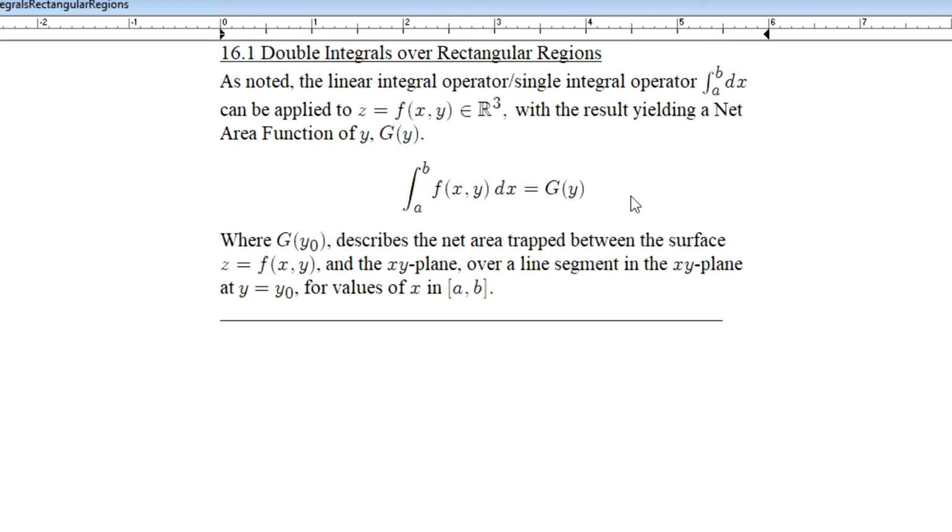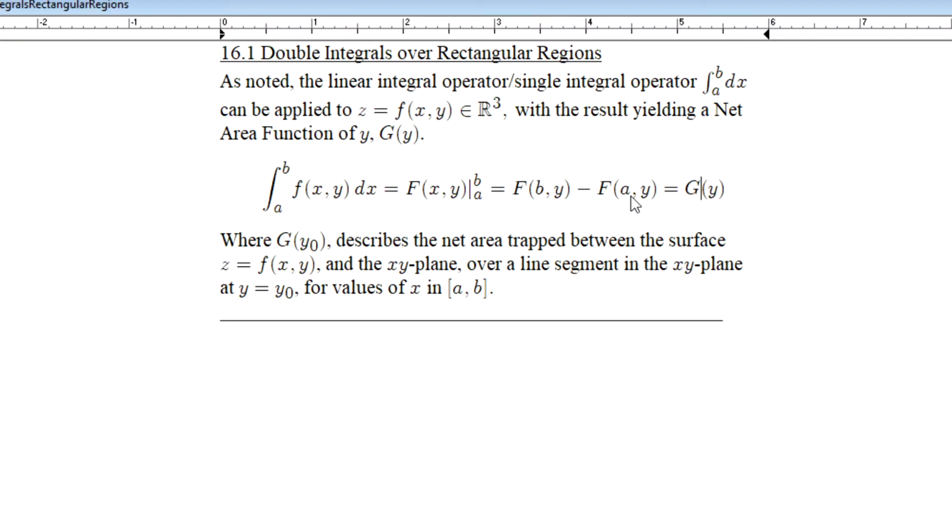What we could highlight in between here is we are finding big F at x comma y, and evaluating it across the bounds from a to b, which involves evaluating big F for the value of b for x comma y, and subtracting from it the value of big F evaluated at the quantity a for x comma y.